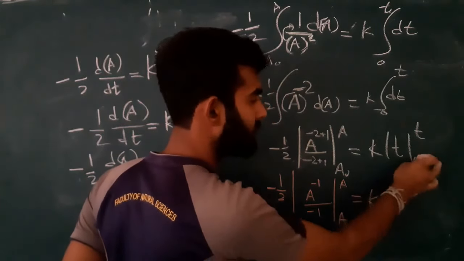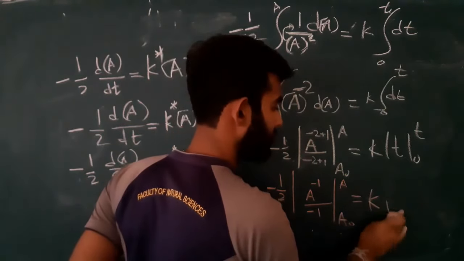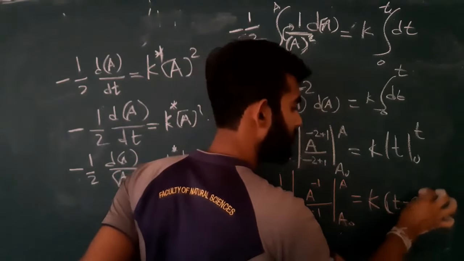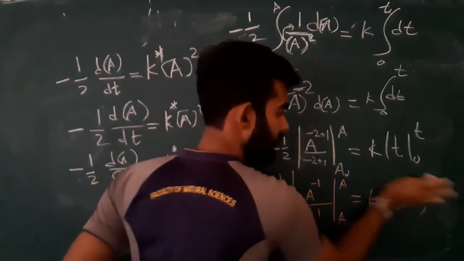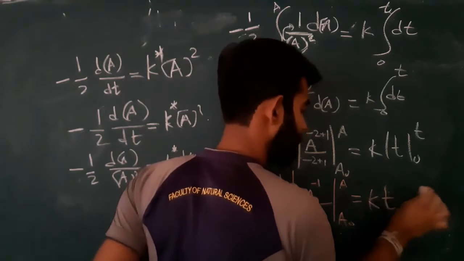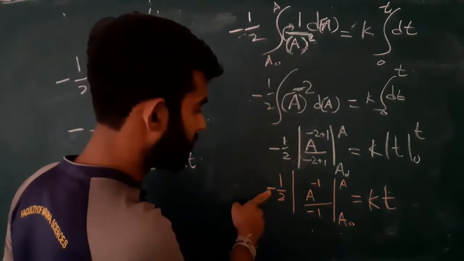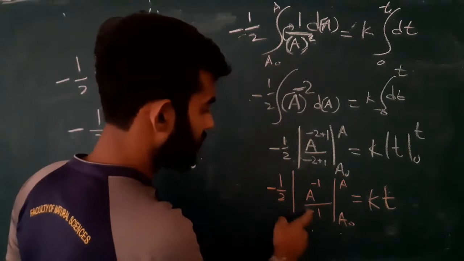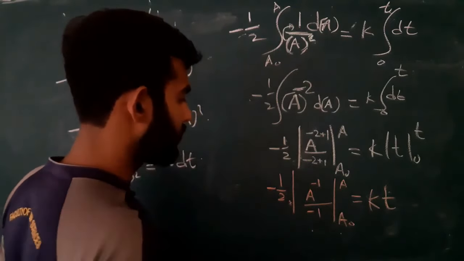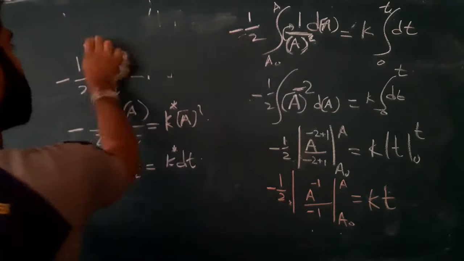We simplify this term, t minus 0, that will be k star t. Here minus and here minus, we will multiply that, it will be positive. I will erase this term.